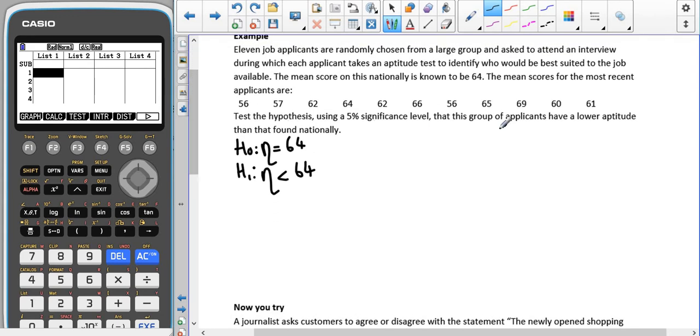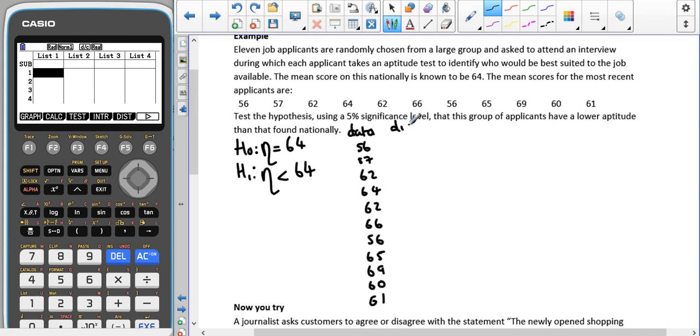Again, this is where it becomes different. We're going to make a table with these values in there. So we're going to have the data, which is 56, 57, 62, 64, 62, 66, 56, 65, 69, 60 and 61.